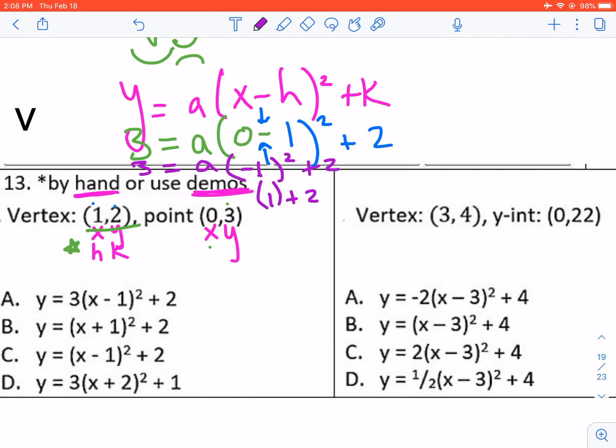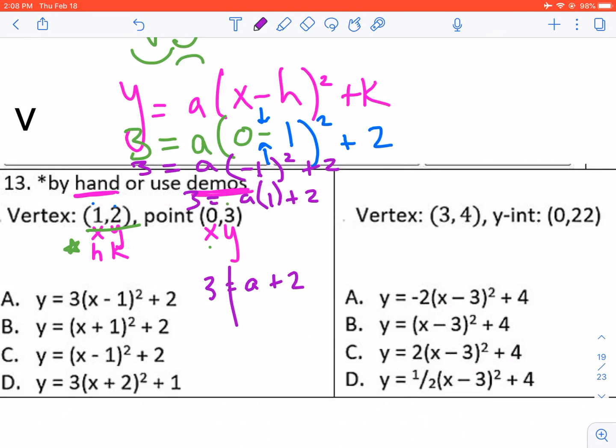So I have 3 equals a times 1 plus 2. And then we're going to start to solve. So let me recopy this all nice and pretty so we can see. A times 1 is just a. So I am now going to leave off that parentheses 1 because it's not necessary.